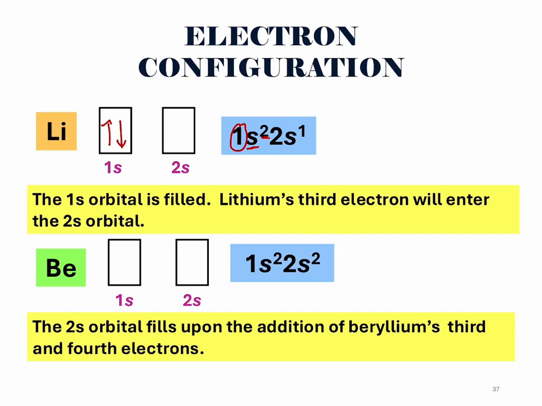We still have 1 electron left over because we've used 2, and lithium has how many protons? 3, because it's atomic number 3. Which means we have how many total electrons? 3, which means that we've only used 2 so far, so we need to use 1 more. That's going to go in the principal quantum number 2, s sublevel, orbital.